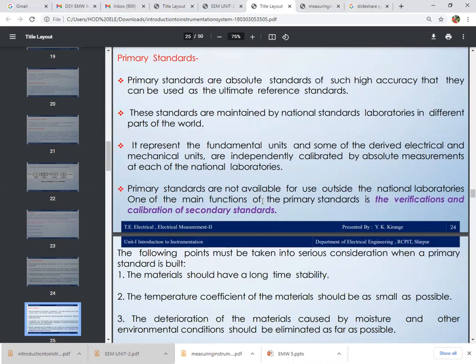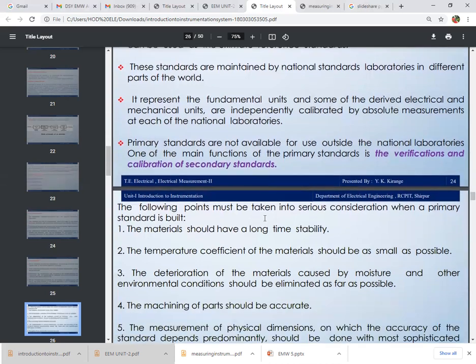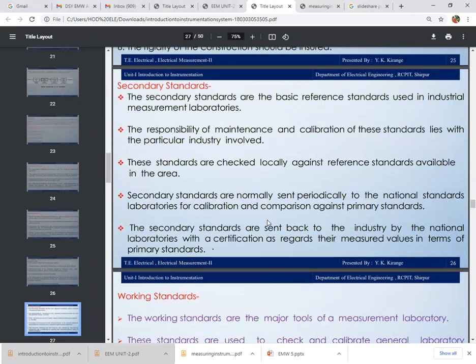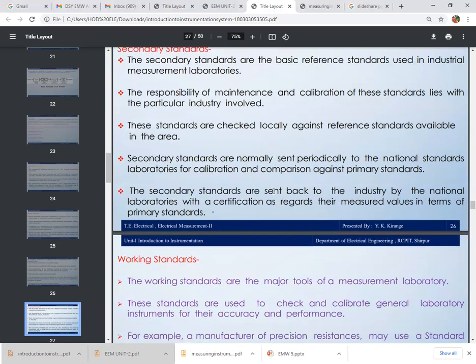So the third one is the secondary standards. Secondary standards are the basic reference of the industrial measurement laboratories. That means these standards are generally used for industrial purposes, in industrial measurement laboratories.